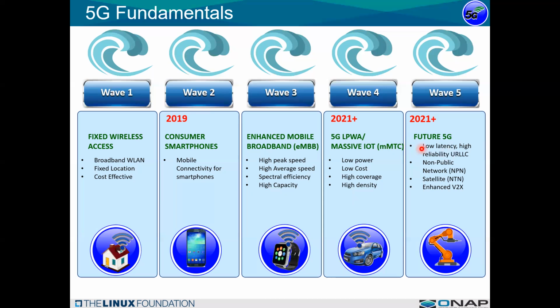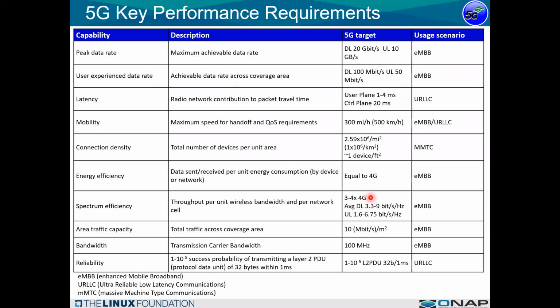So the MMTC and URLLC are a little bit more dependent on having much more millimeter wave FR2 type deployments. There's a lot of focus on FR1 just to get a network rolled out.